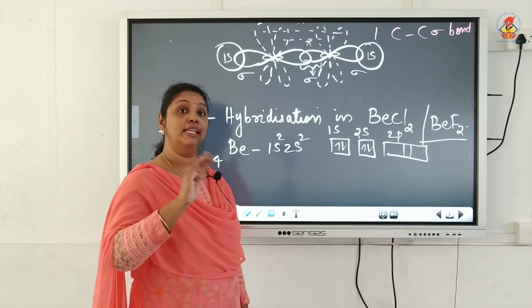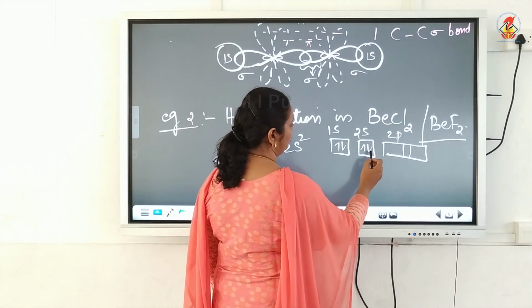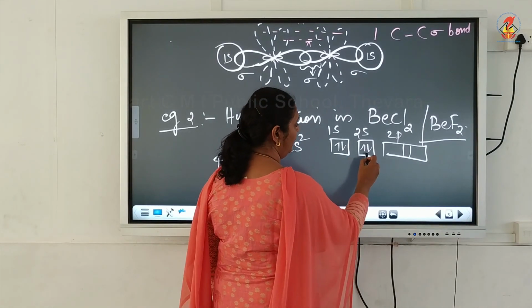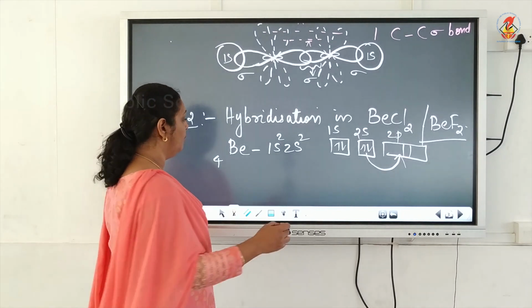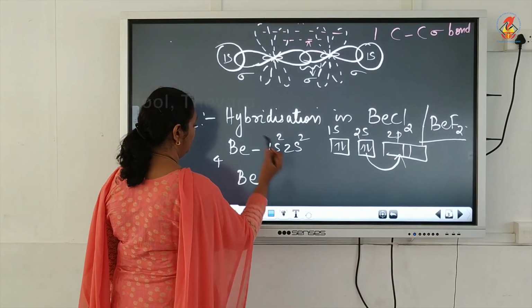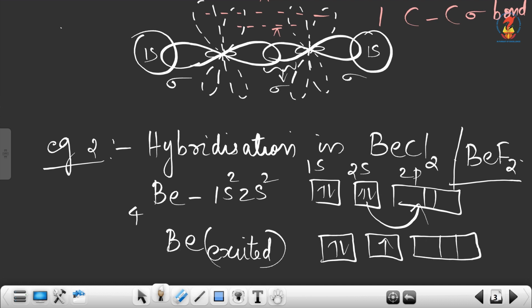The beryllium will get excited, which means one of the electrons present in 2s orbital will get unpaired and it is promoted to vacant 2p orbital. So what will be the configuration of beryllium in excited state? How will you show? 1s2, 2s1 and 2p1.